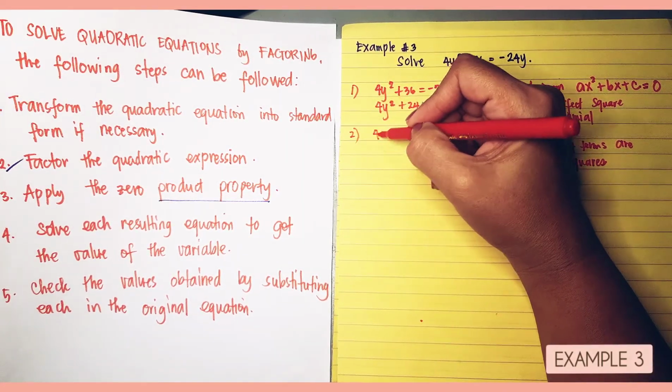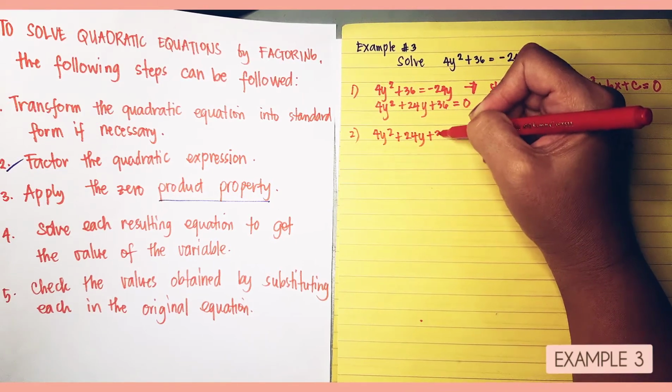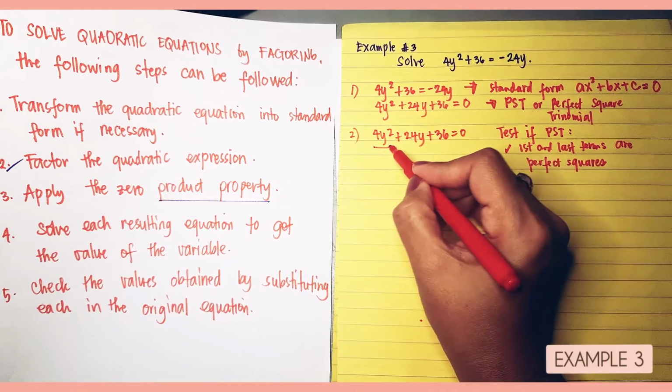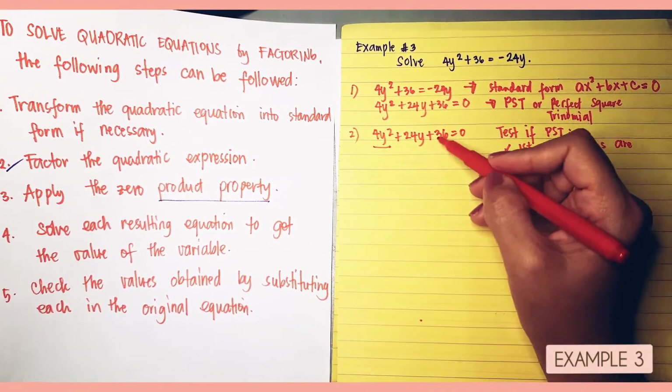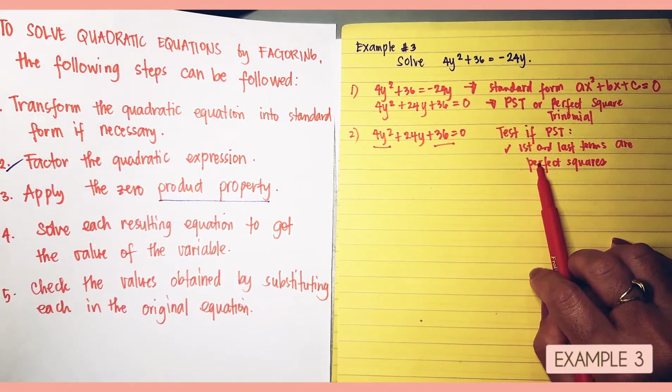So from 4y squared plus 24y plus 36 equals 0, the first term, 4y squared, is a perfect square, and the last term, 36, is also a perfect square. So in other words, it satisfies condition number 1.